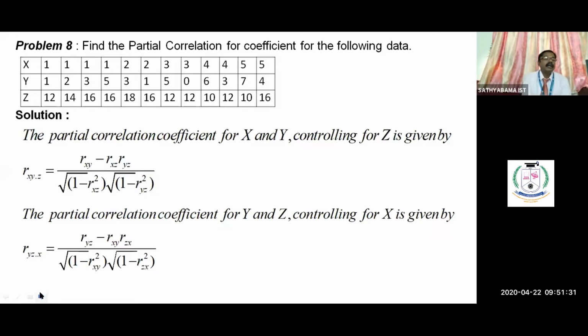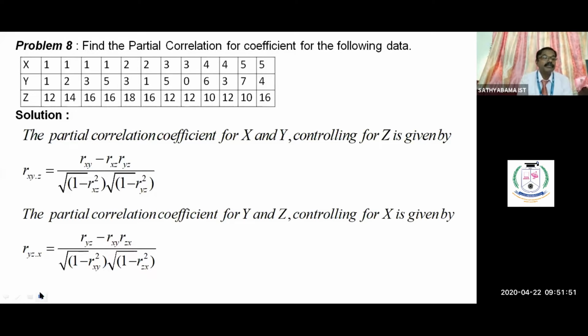So the first one is Rxy dot z. Second one Ryz dot x. The third one Rzx dot y. That means in each and every case we are going to fix one variable, or remove the effect of one variable, and consider the correlation for the remaining two variables.